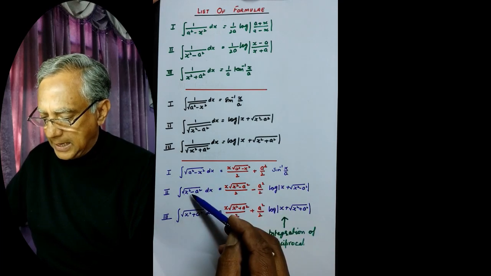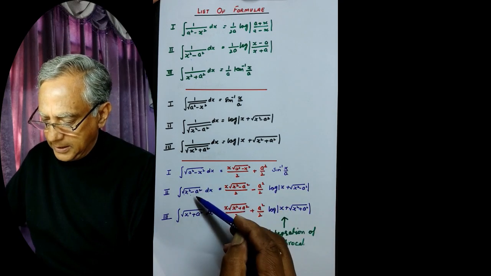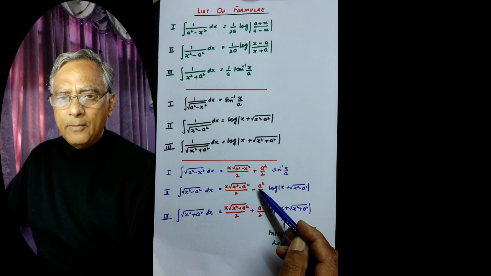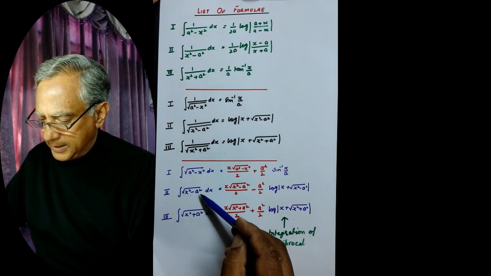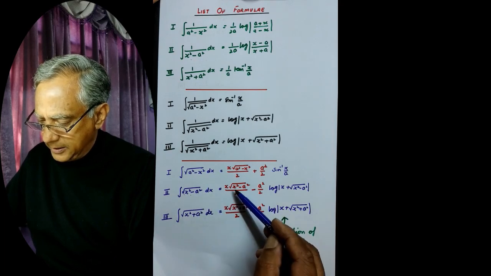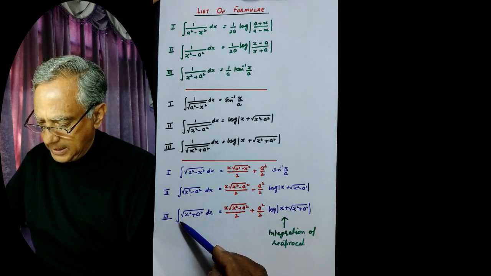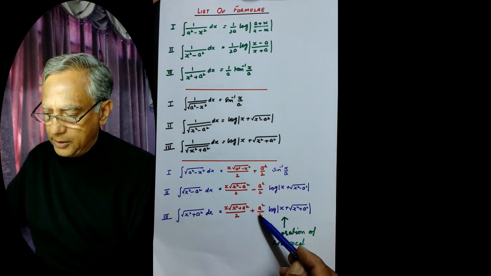You can use this as an aid to memory. If it is plus a square, it will be plus. If it is minus, it will be minus. So integral of under root x square minus a square dx is x under root of this by 2 minus a square by 2. And in this case, we will have x into this by 2 plus a square by 2.